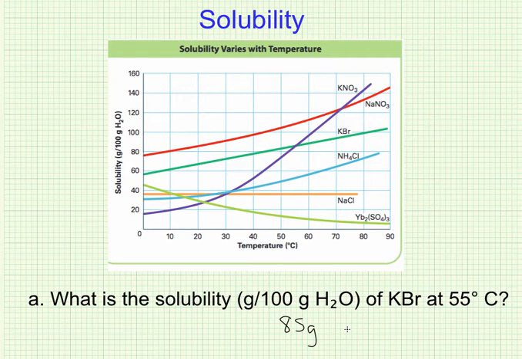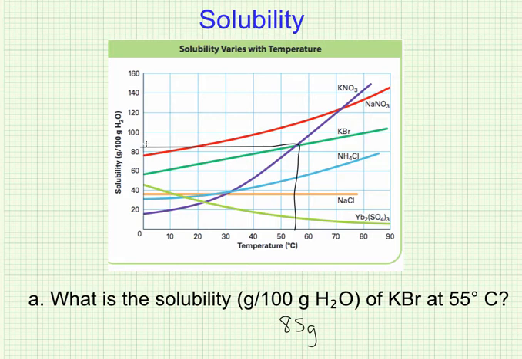So all I did was come over here at the temperature, and I'm not going to be able to draw a perfectly straight line, but I go up to potassium bromide at the 55, and then go over to the y-axis and estimate that mass. When you do the assignment, you'll have a little bit of flexibility as far as how far off your number is.